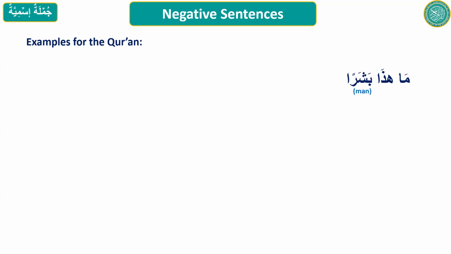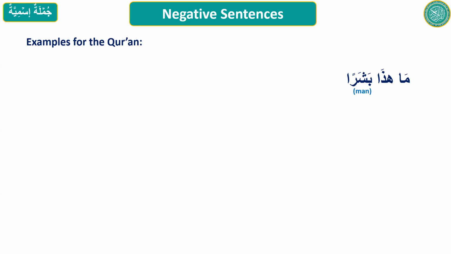Translate it into Arabic. هذا بشر. Haza basharun. This is what you said? Yes. Yeah, haza basharun. Haza is the mubtada. Basharun is the khabar. Both are in rafa status. But ma came.